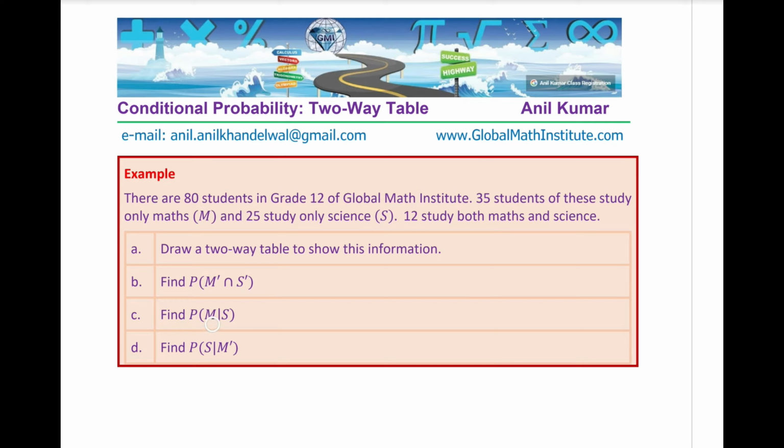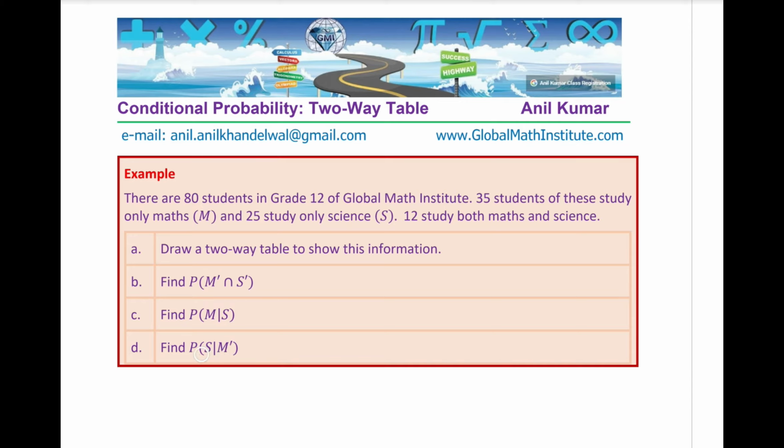C: Find the probability of studying maths when already science is the subject taken. D: Find the probability of students who are studying science but they are not studying maths. It's a conditional probability.